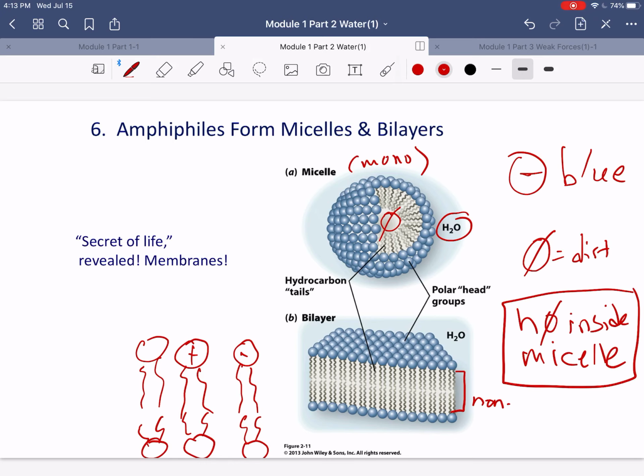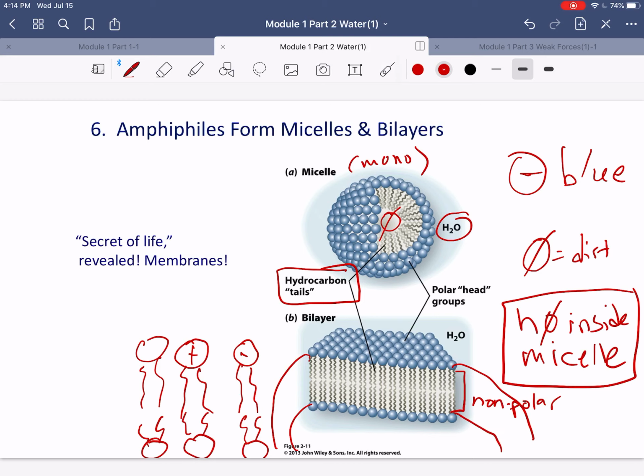They fear the water, right? And all of the polar head groups, the blue spheres, are interacting favorably with water. So the hydrocarbon tails listed here are hiding from the water. Of course, the edges here would be wrapped around. There would be no edges exposed to water.